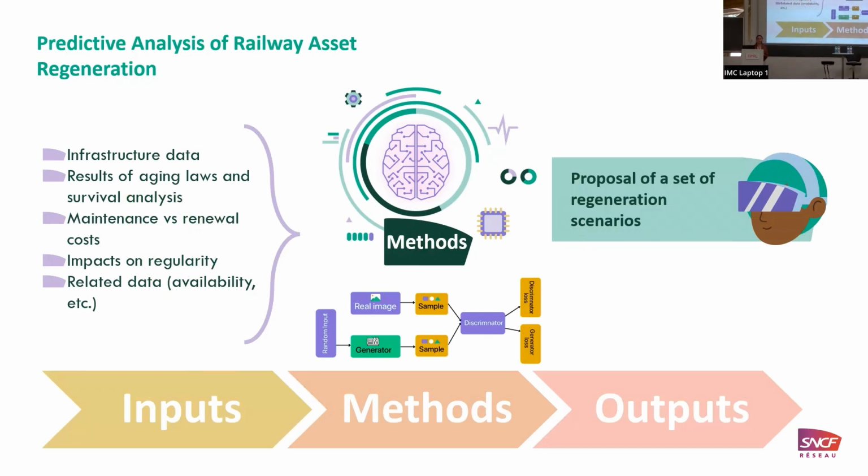Second, we need to implement methods and algorithms. So we have to define the methods we need. I will talk about it later. And then for outputs, for the results, we need to tailor the results to the supervisor's specific needs by proposing a set of regeneration scenarios.